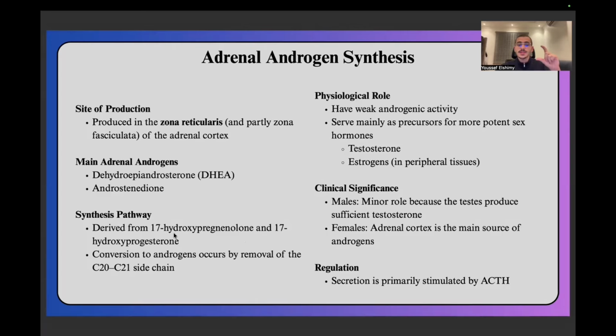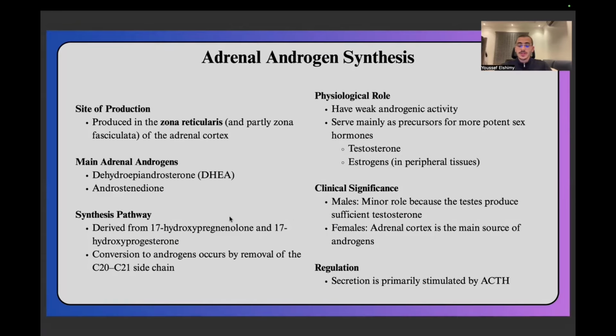What happens is that you remove the carbon 20-21, you cleave it by the 17,20 lyase enzyme, and by doing that, you produce the androgens. What is the physiological role of these androgens? They have weak androgenic activity because they mainly serve as precursors for other sex hormones like testosterone and estrogens.